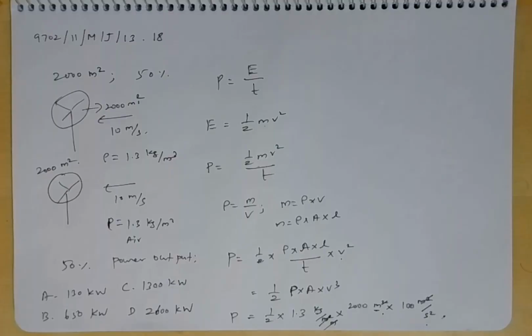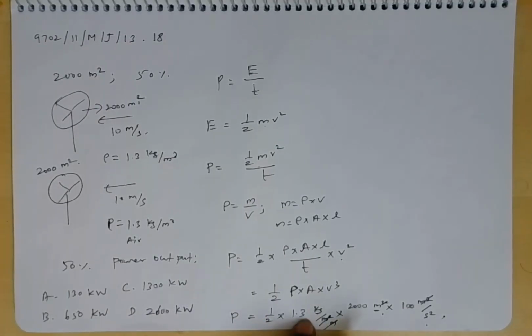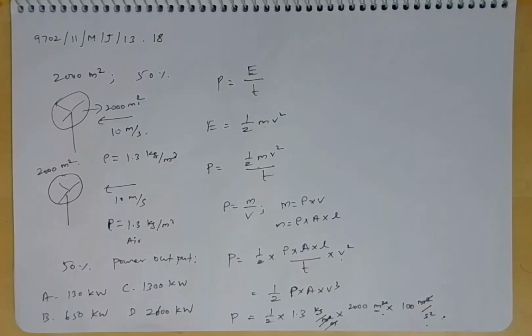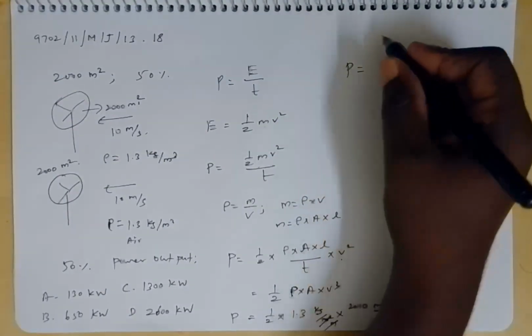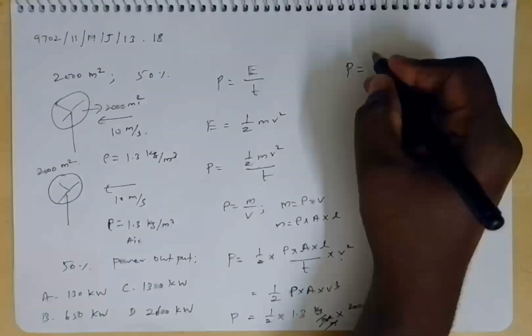So check this calculation. Half into 1.3 into 2000 into 100. So this is the power given from the air, the input.